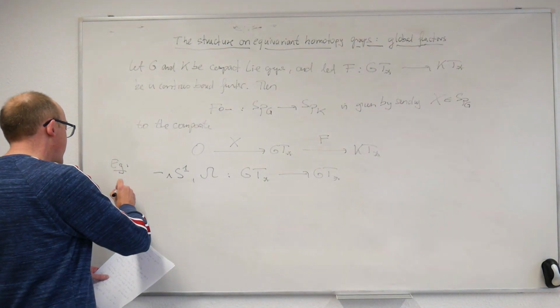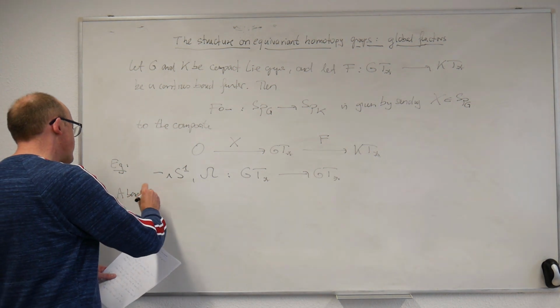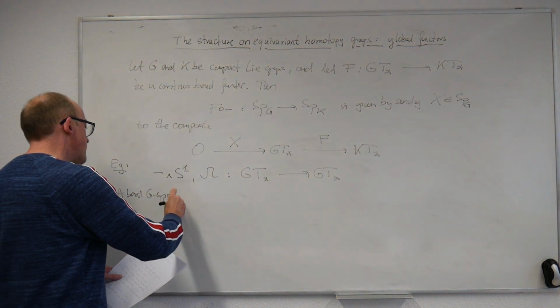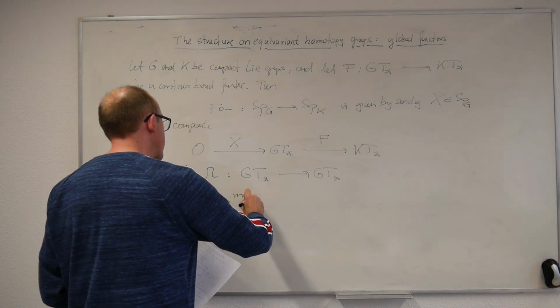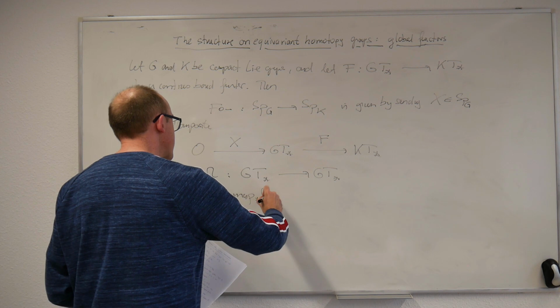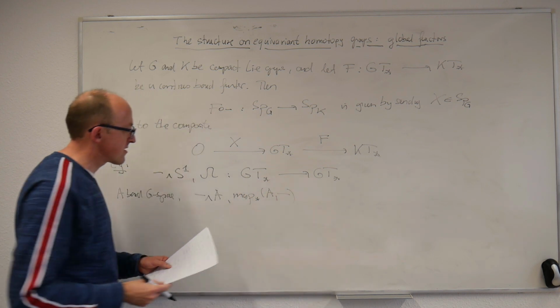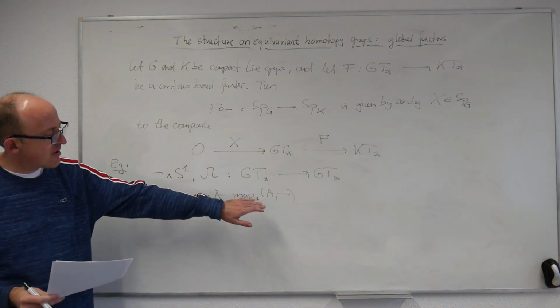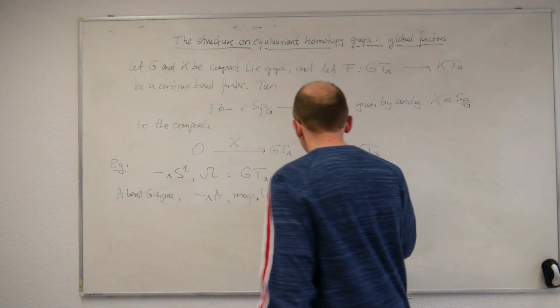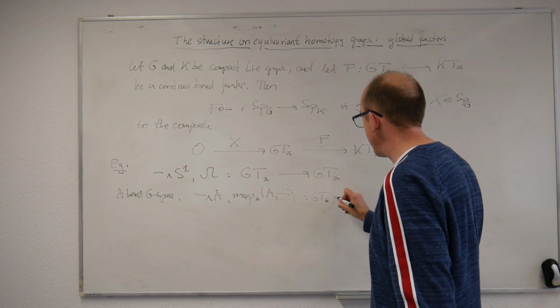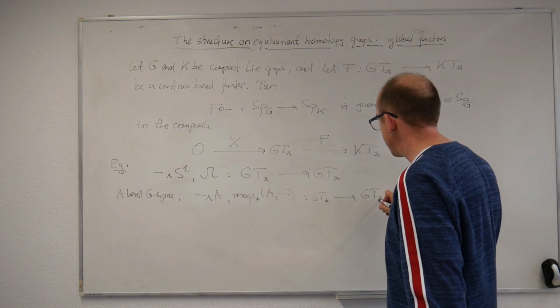More generally, if A is a based G-space, then we can look at the functor that smashes with A, or the functor that takes based maps out of A. So this is the space of based, not necessarily equivariant maps, with G acting by conjugation. These are two functors again, from based G spaces to based G spaces.